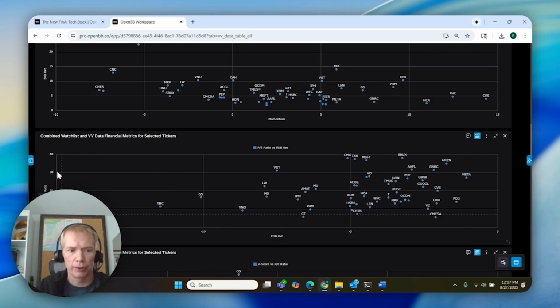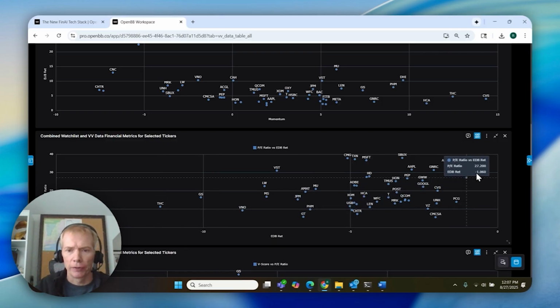So here's the P ratio on the y-axis, expected down body on the x-axis, going from 0 to minus 15. P is going from 0 to 40. So, P ratio lower is generally better, but you don't want too low because there's some issue with the growth outlook. And certainly you don't want a lot of downside. So, tickers in this area look a little problematic.